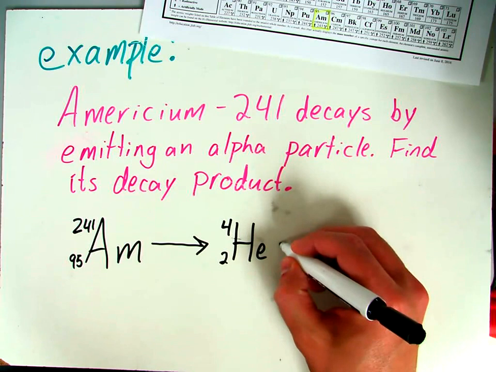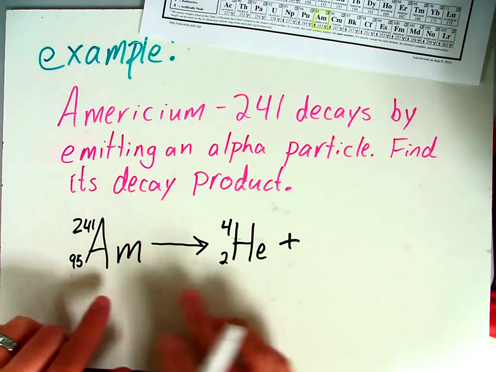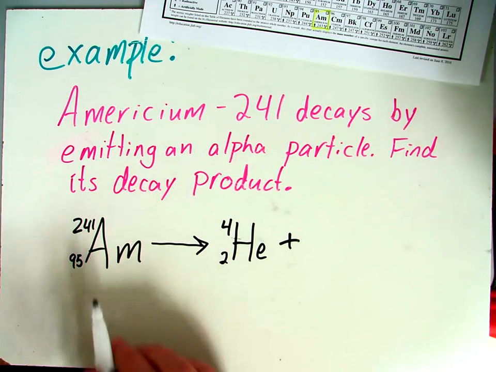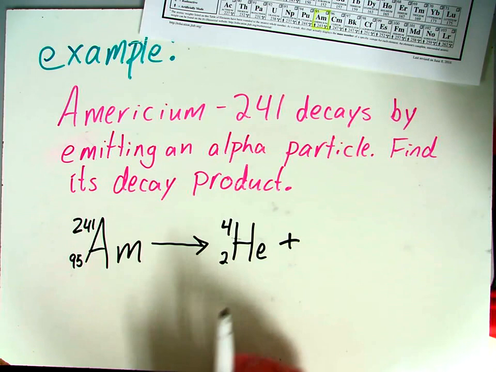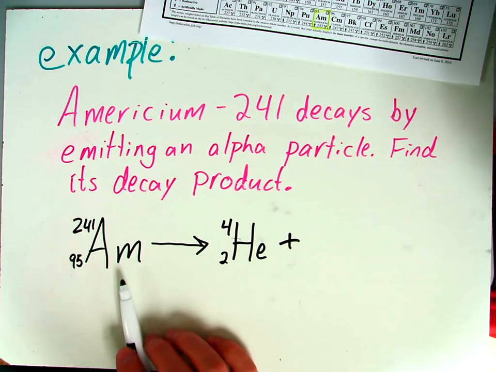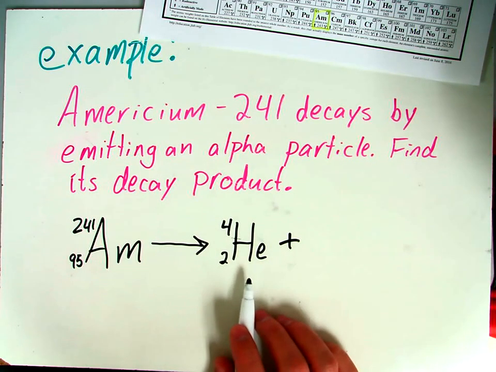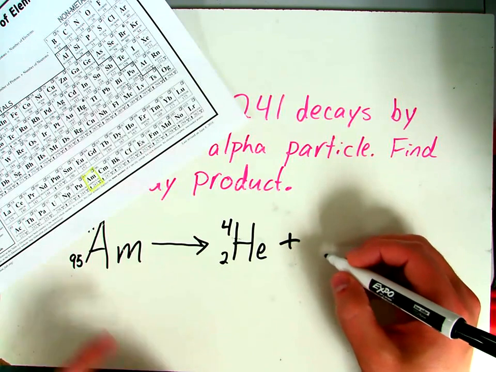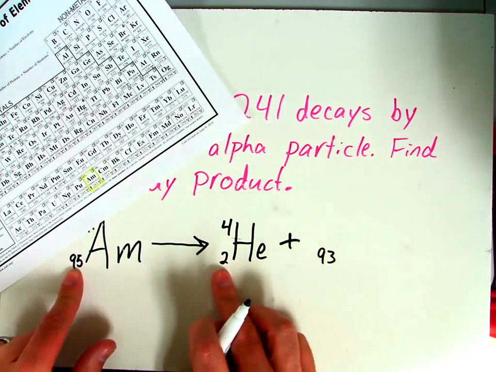Now, with chemical reactions, we always had the same type of element going in as a reactant as coming out. With nuclear reactions, that's not the case. So americium is transforming into, well, part of it's flying off as helium, and the other product is going to have 93, because it has to add up to be the same number.